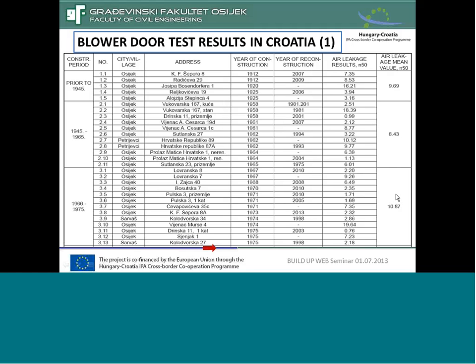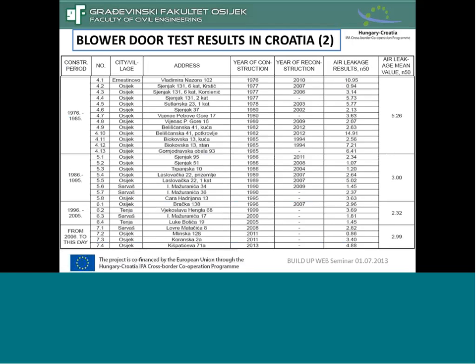The worst is this house, nearly 20 air change rate, and the best was this house, a refurbished one at 0.76.